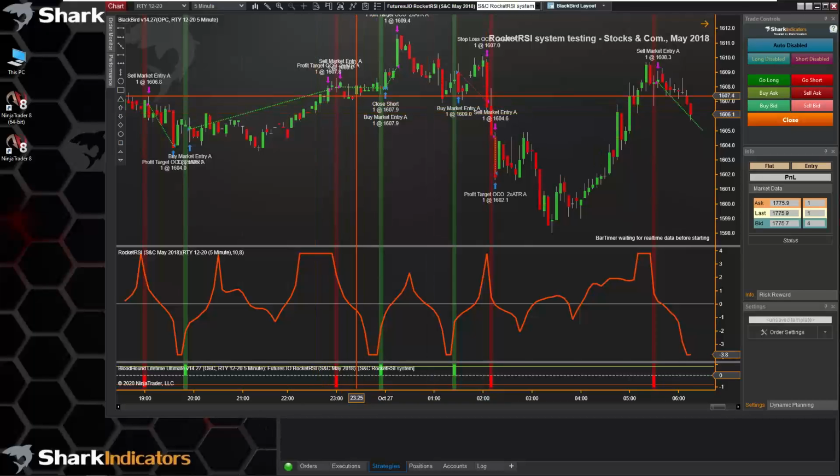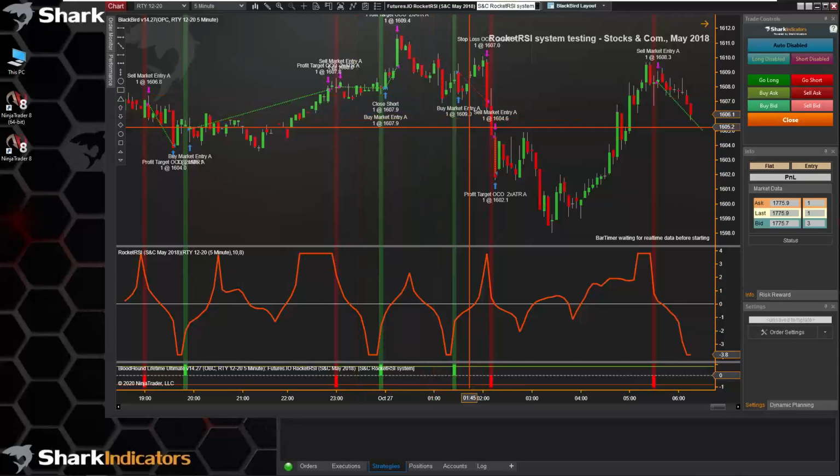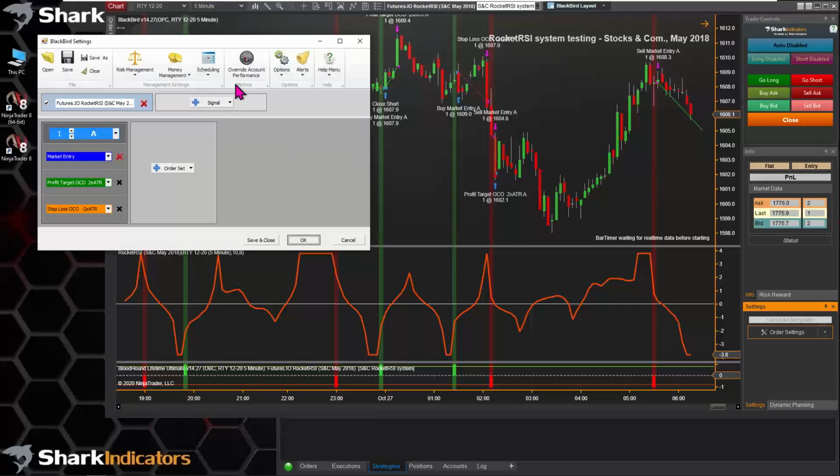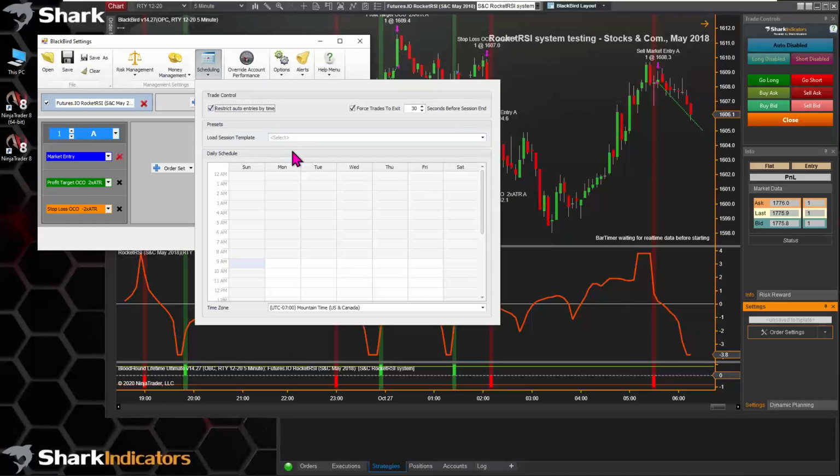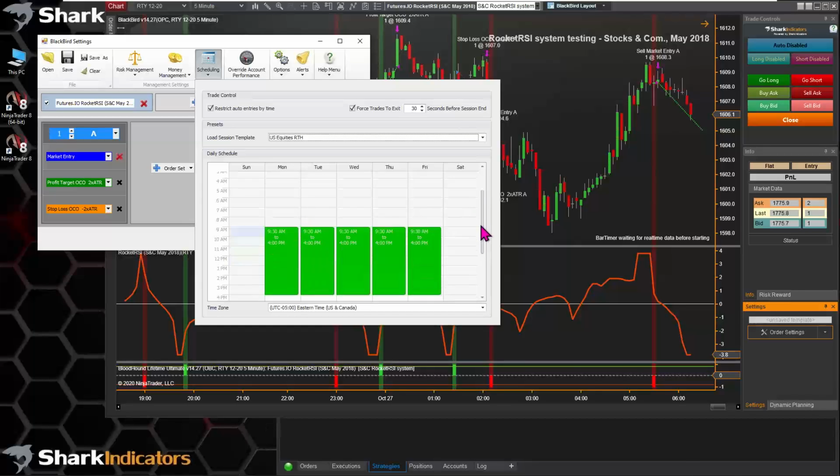So most people aren't going to be trading in the overnight session. So we can go to the scheduler and put some constraints on this. And let's only trade the US equities RTH, right? RTH is regular trading hours. And there we go.